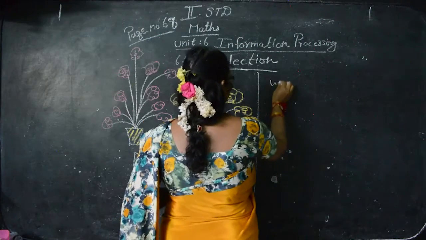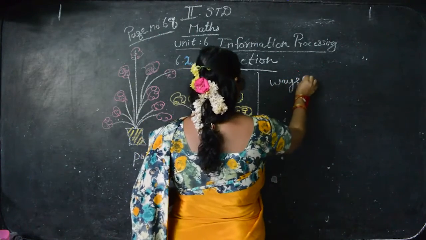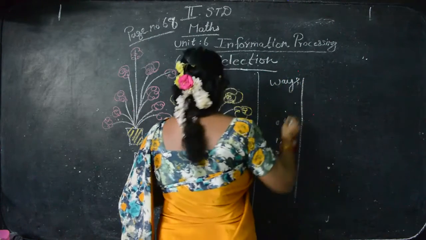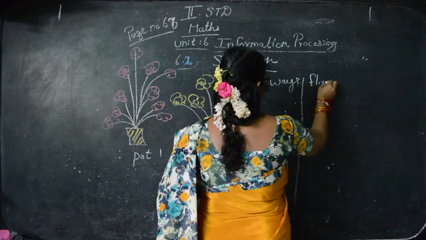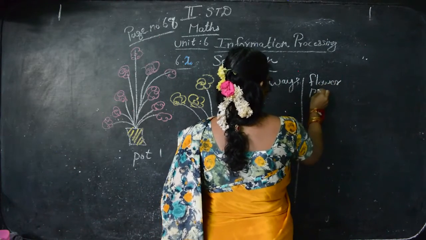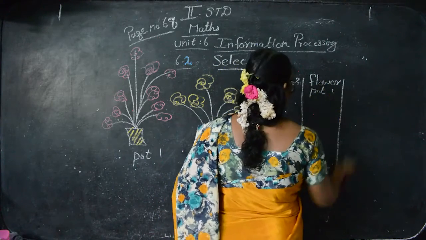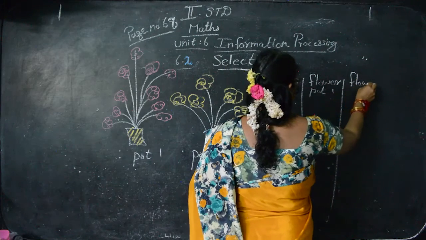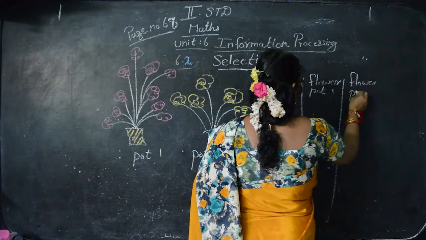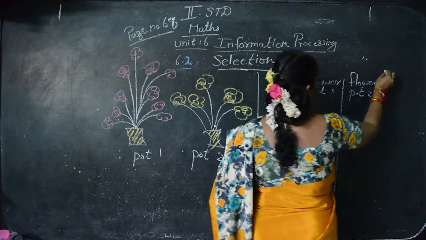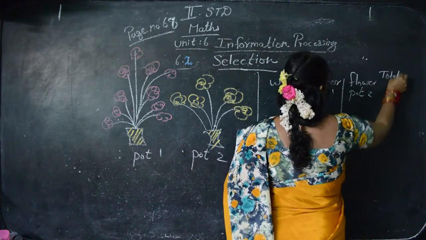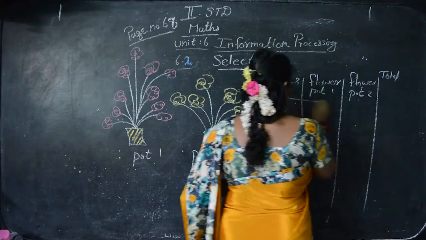See here, possible ways we are going to select. Then flower pot 1, flower pot 2. Total. Okay children, see here.